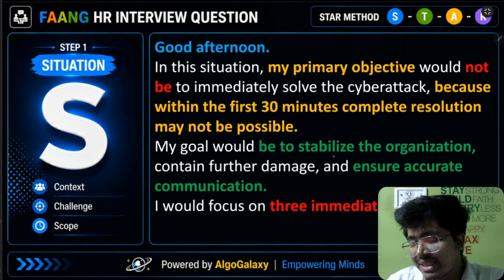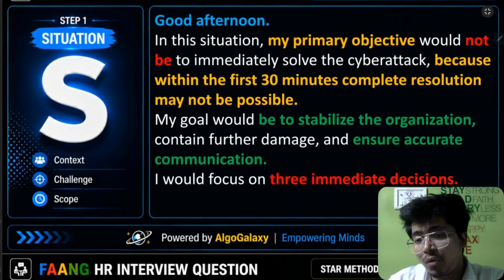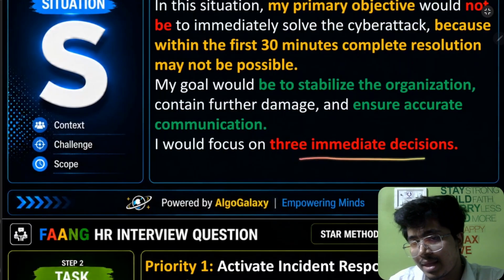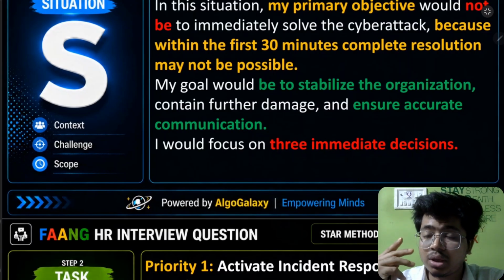So instead of solving it, we will try to make the situation calm. My goal would be to stabilize the organization, contain further damage, and ensure accurate communication. We will be focusing on the 3 immediate decisions asked in the question.